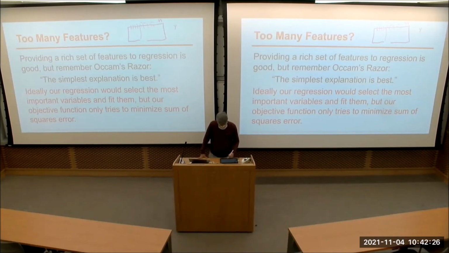Now, it's often the case that not all the features are really important to making a prediction. We talked about Occam's razor. Occam's razor said that the simplest explanation is best.